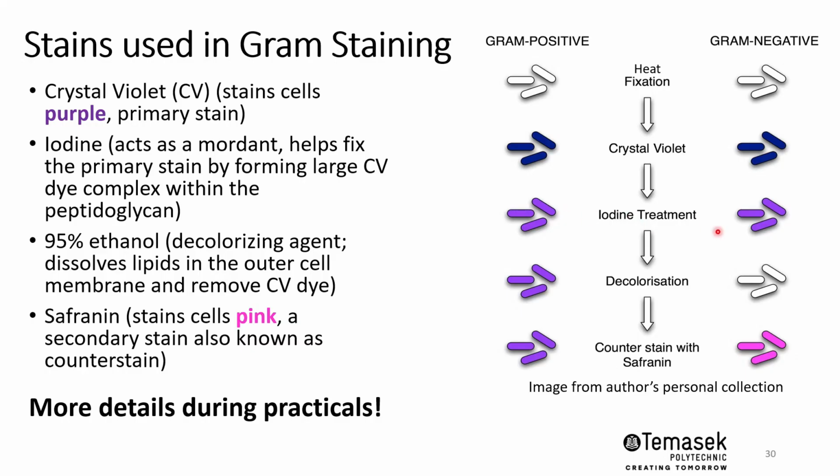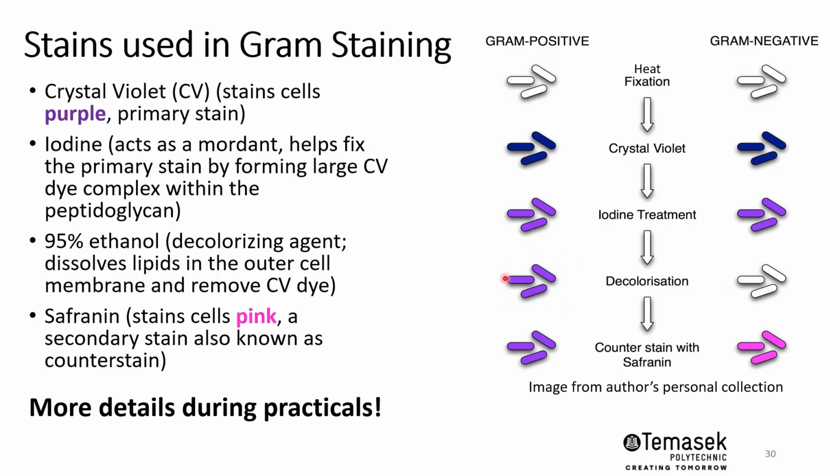But after decolorization with 95% ethanol, this dissolves the lipids in the outer cell membrane, especially in the gram-negative bacteria. And because of its thin peptidoglycan, the dye complex is washed away. The thick peptidoglycan will still retain the crystal violet complex within the cell itself.